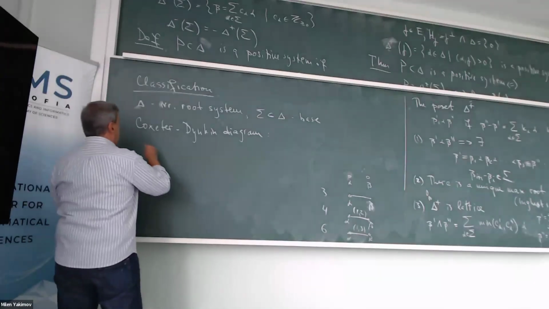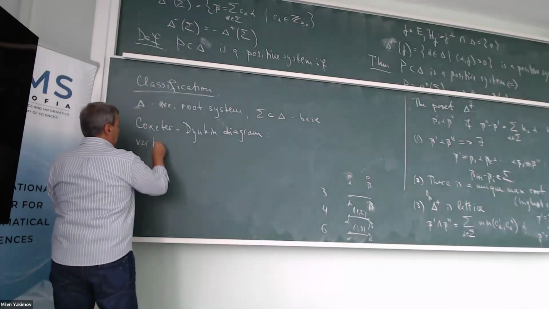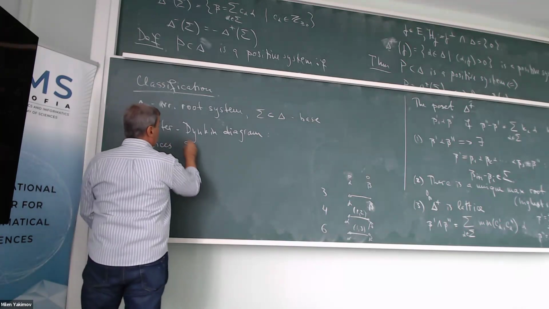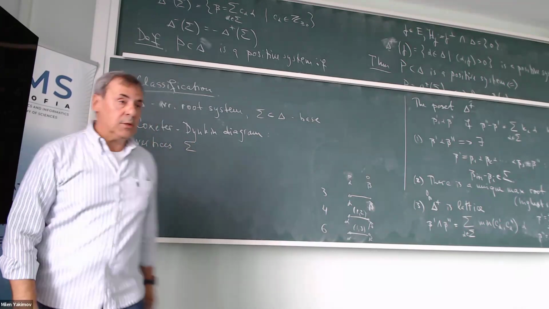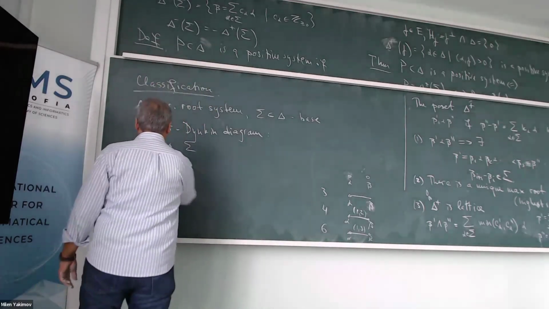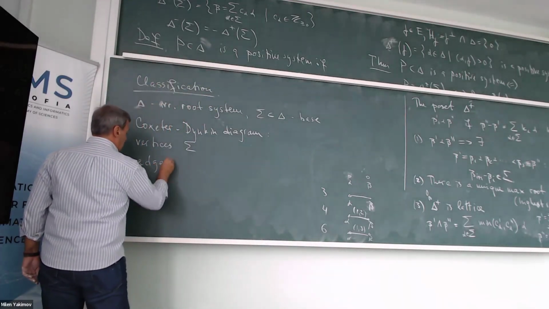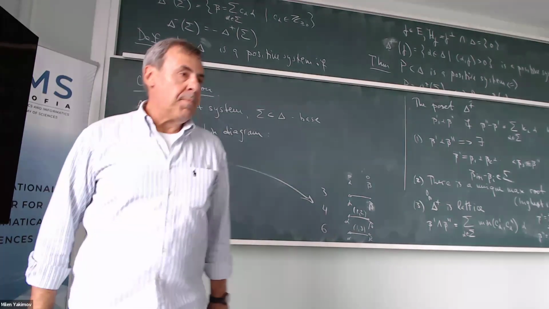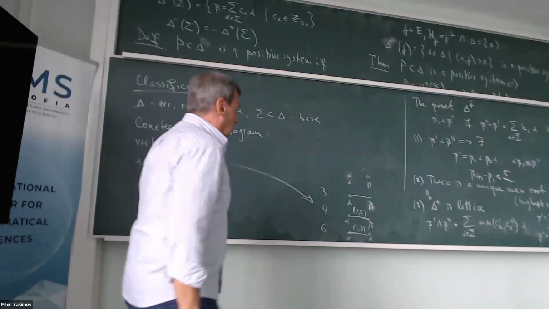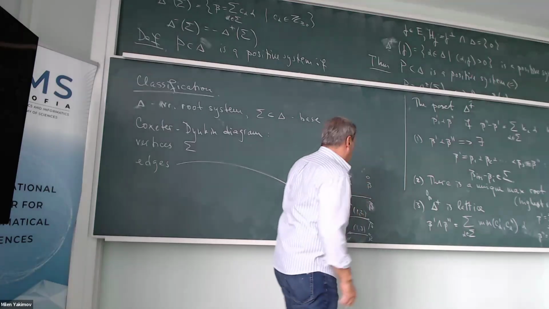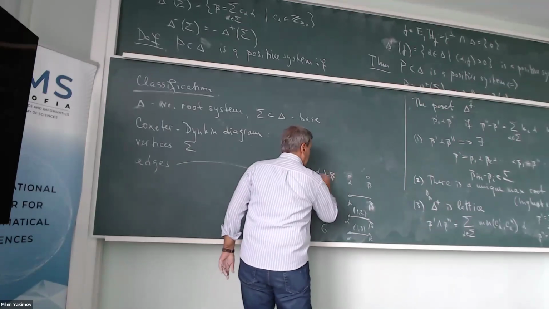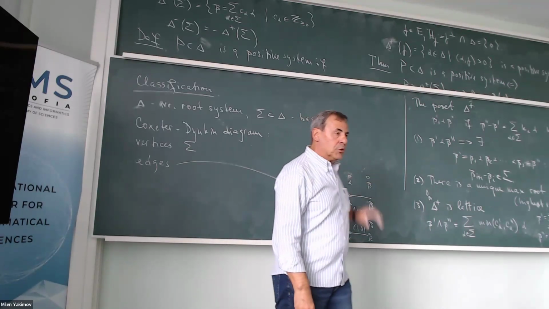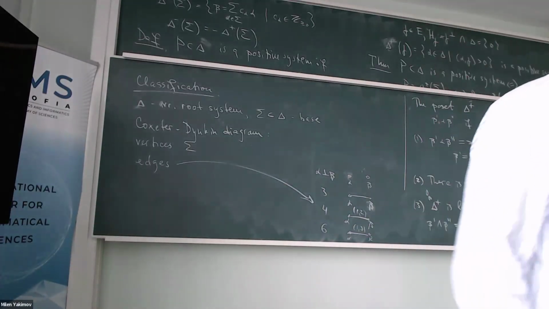This is a graph with vertices, the elements of Sigma, and edges. So either there are no edges, or, if you take alpha and beta, I consider the rank 2 system generated by alpha and beta.